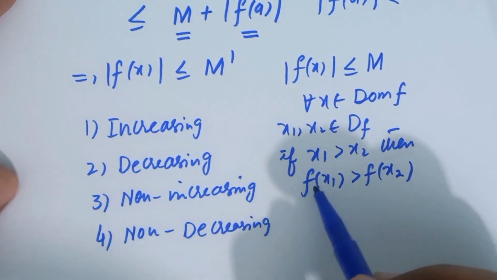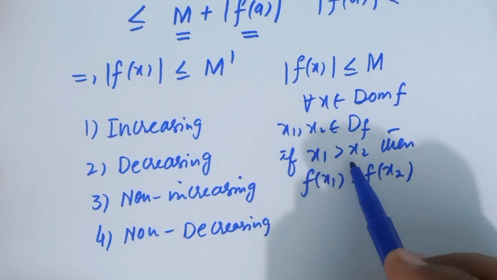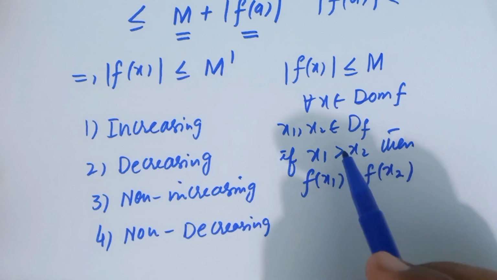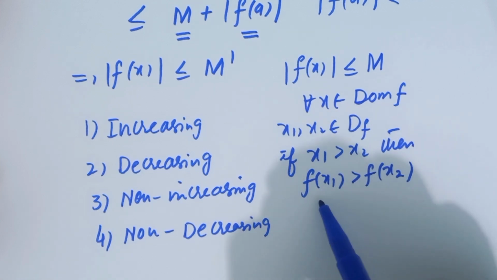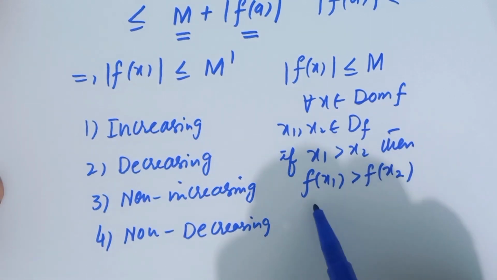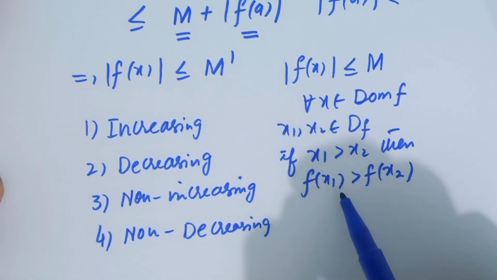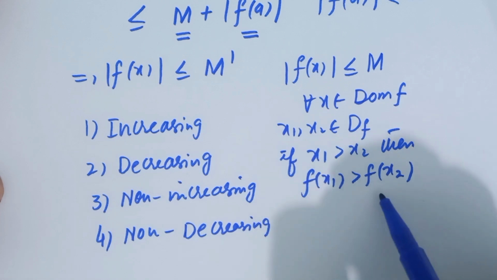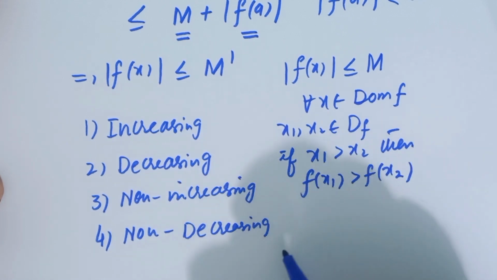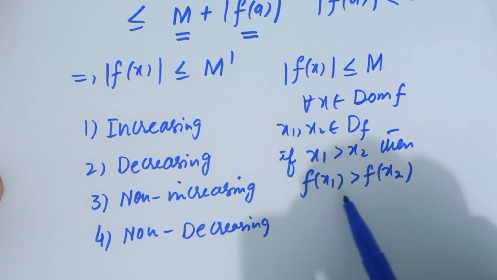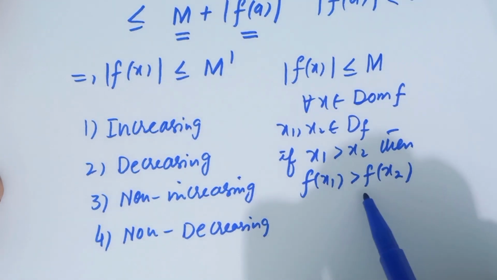That is, if x1 is larger than x2, then the value of f, that is the image at a larger pre-image, is greater than the image at the smaller one, then such a function f is called an increasing function.